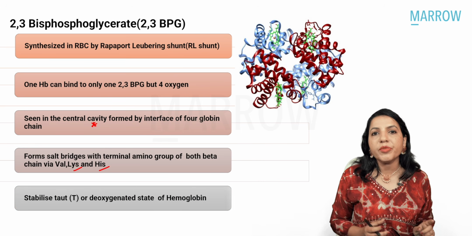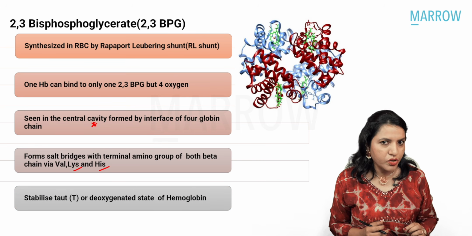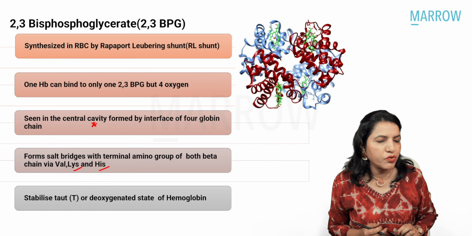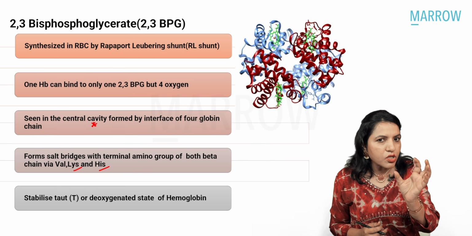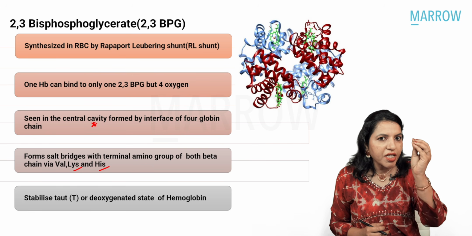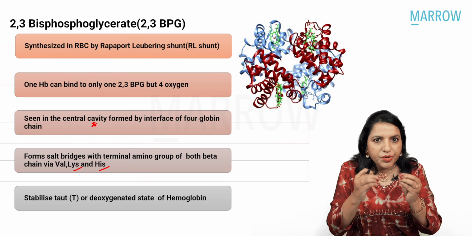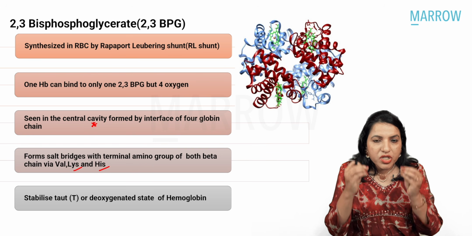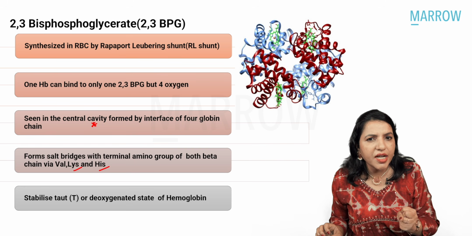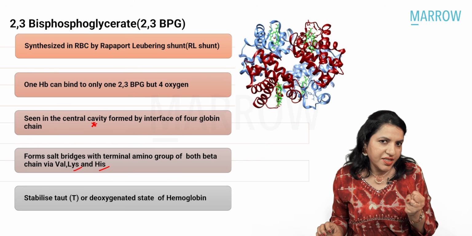Now we come to the function of 2,3-BPG in hemoglobin. Why do you see 2,3-BPG attached to hemoglobin? Because when 2,3-BPG is bound to hemoglobin, the hemoglobin forms salt bridges with it, which means the hemoglobin is in a taut state. Taut state means the deoxygenated state.